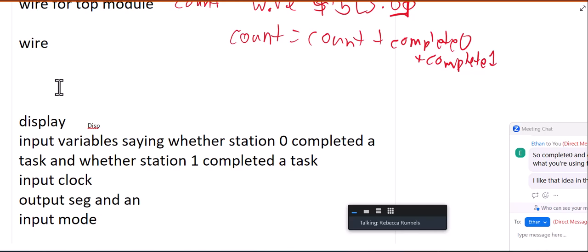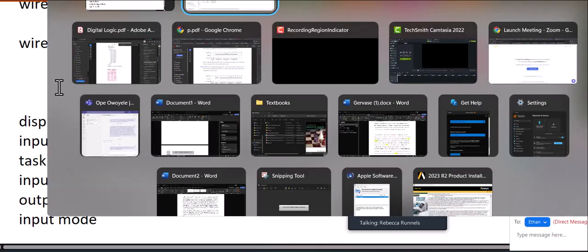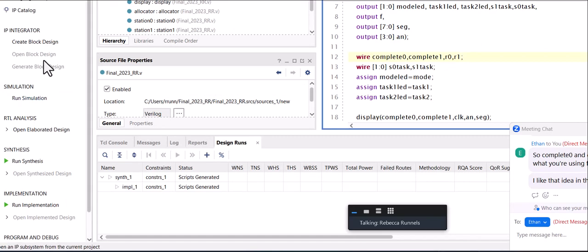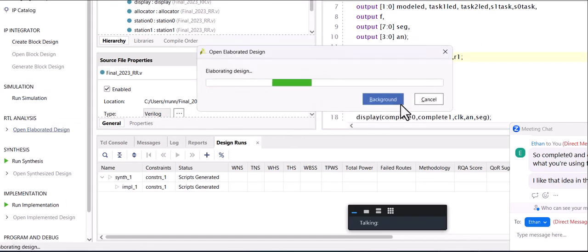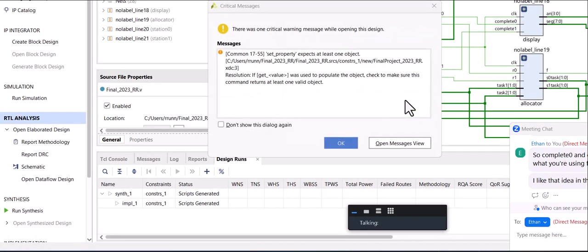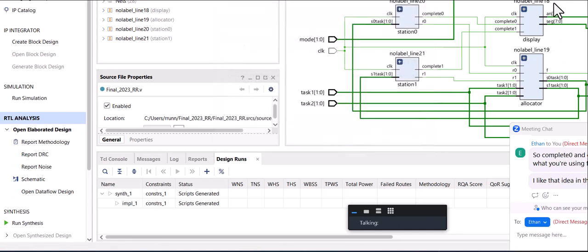So let me show you my big picture of how I did things, and maybe the elaborated design will help.